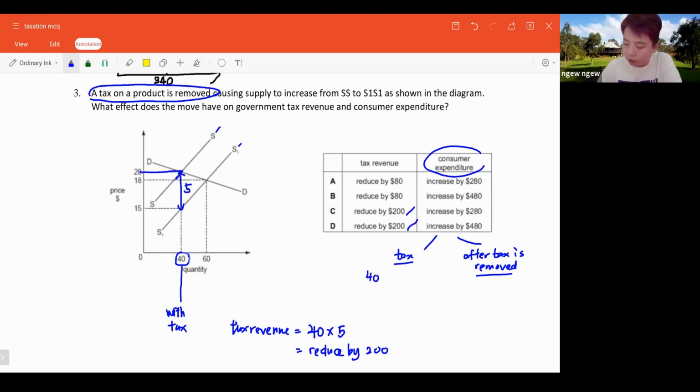So 40 multiplied by 20, which is 800. After tax is removed, consumers consume 60 at the price of 18. So 18 multiplied by 60, which is, if I'm not wrong, 1040. Therefore, consumer expenditure increased by 280. So the answer is C.